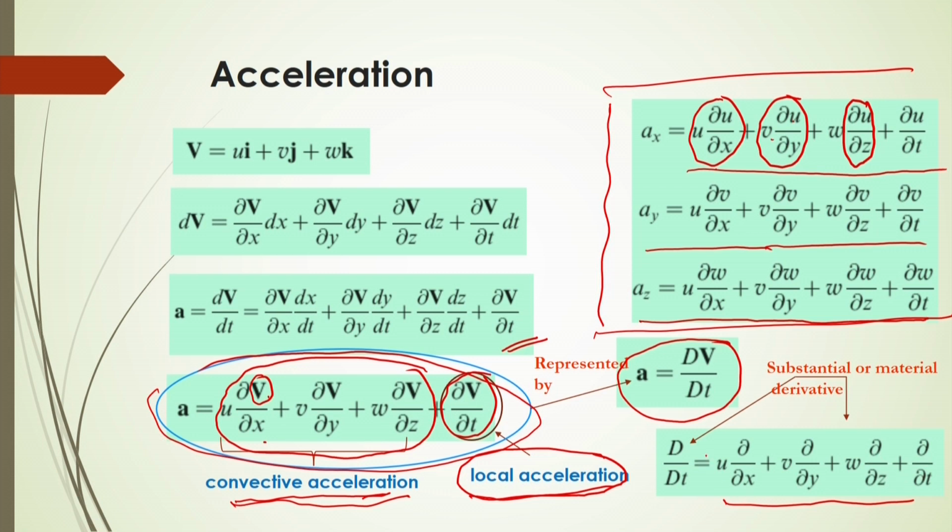In this case, in capital D by D t, any parameter you substitute will come here, here and also here. So, if you are considering only v, then v will come like this. The total acceleration will be represented by Dv by Dt through these substantial derivatives.